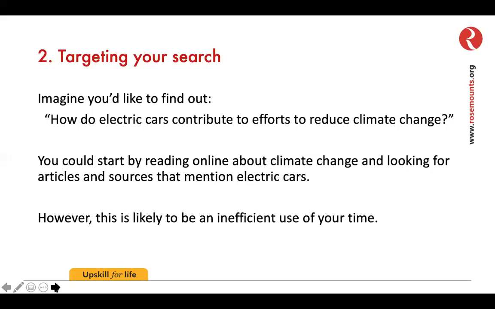Would you search for electric cars, or would you search for climate change? Broad doesn't mean that you can pick up a search term which is too broad, like climate change or electric cars, because your motive here is to find out whether electric cars have an effect on climate change or not.